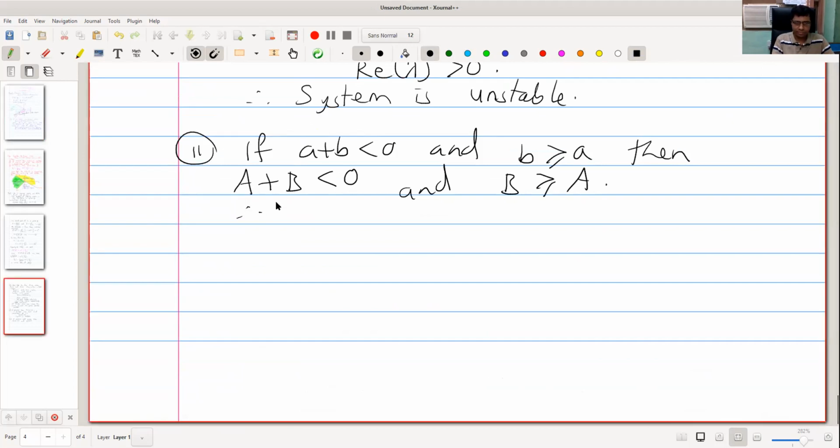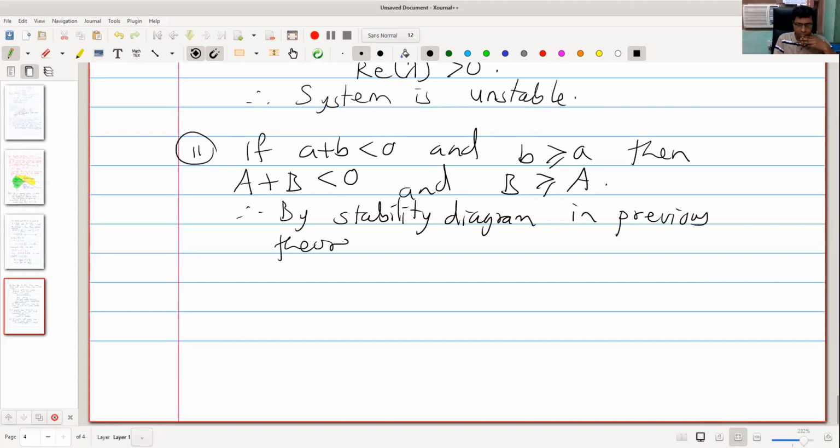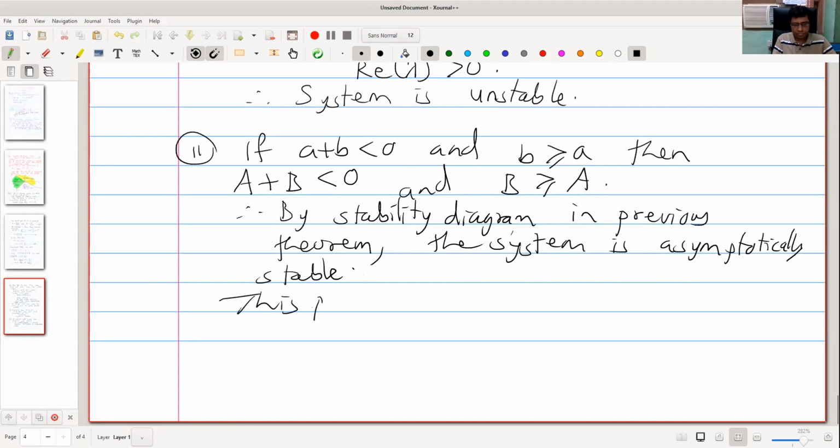Therefore, by the stability diagram in the previous theorem, the system is asymptotically stable. This proves the theorem.